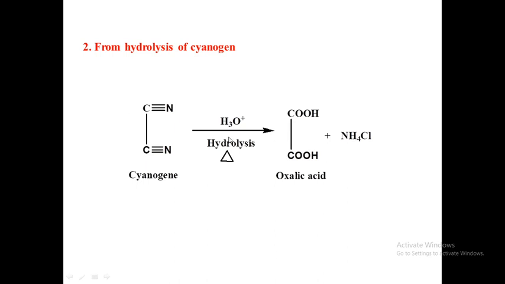Here the cyanide group is converted into the carboxylic acid group with the elimination of ammonium chloride. This is your second method for the preparation of oxalic acid.